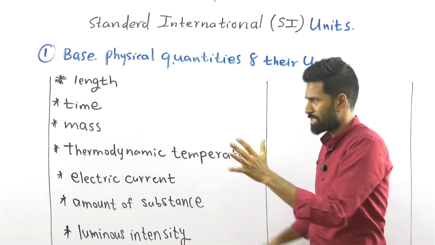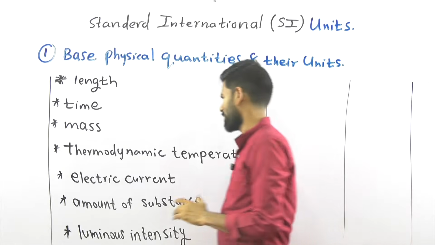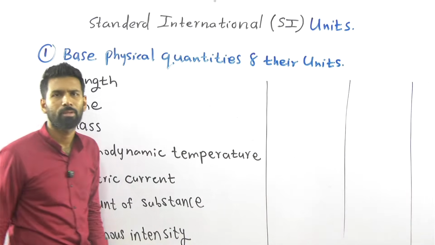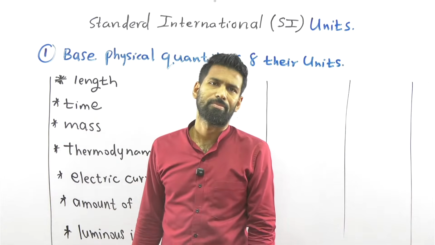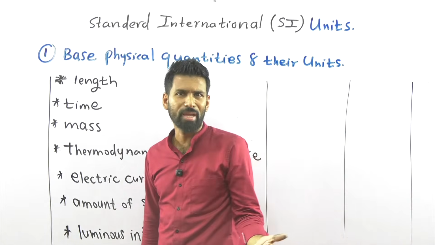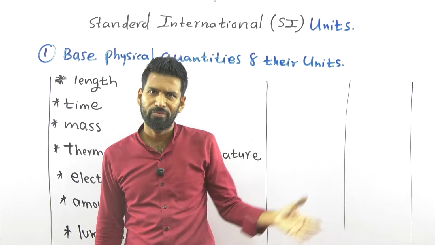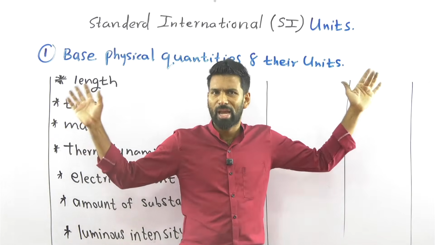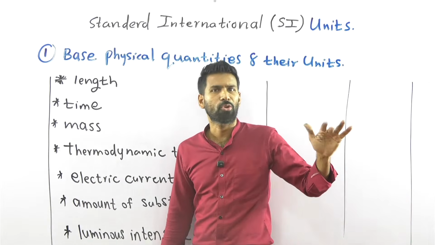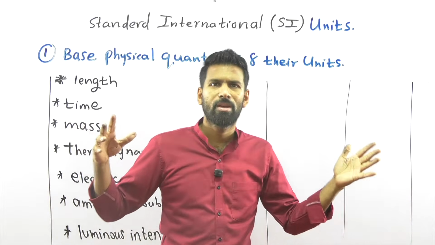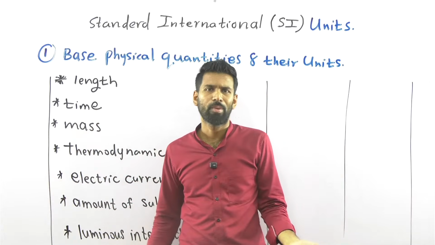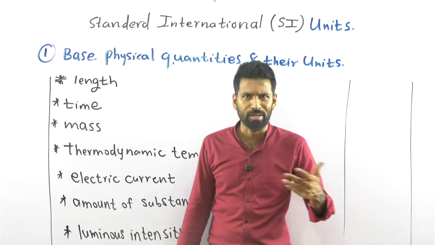So what is luminous intensity? Simply take it as brightness. If I switch off some lights here, the brightness will be lower. If I switch on all the lights around me, I will have better brightness. Luminous intensity is high. It's something about brightness.